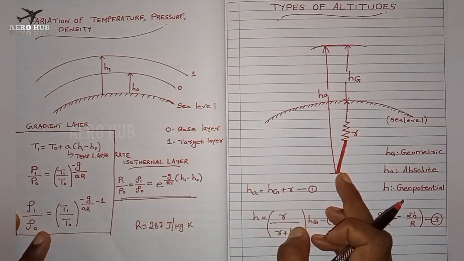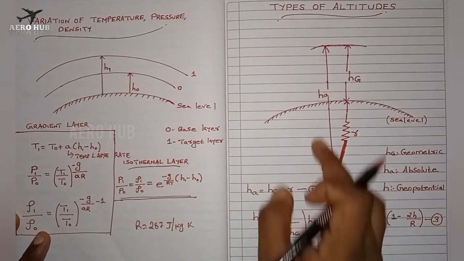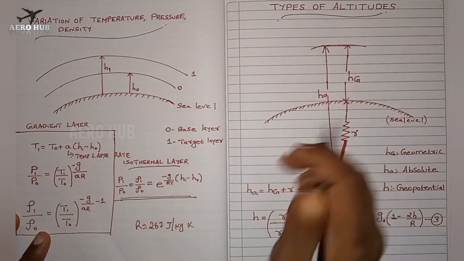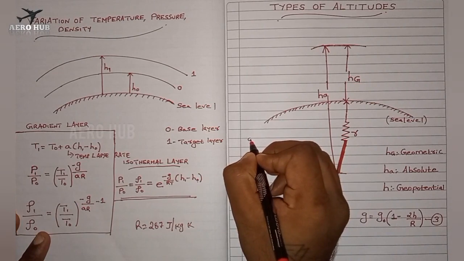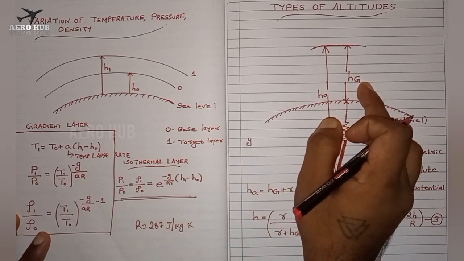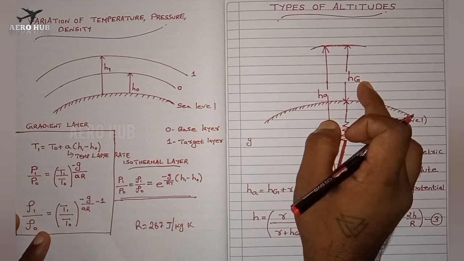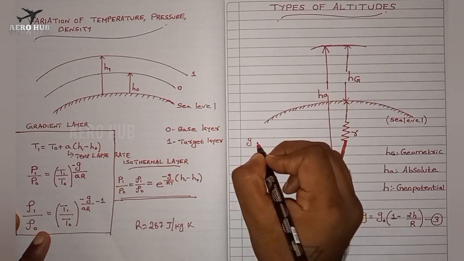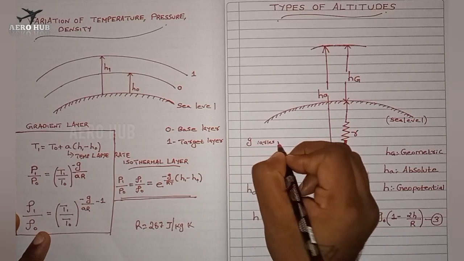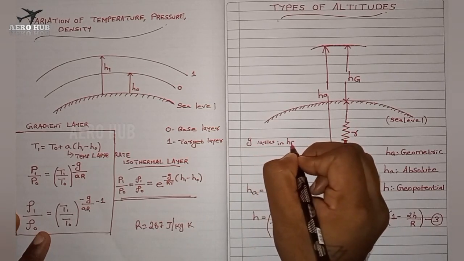One important thing you have to understand is that the value of g, the acceleration due to gravity, varies in the case of geometric altitude.